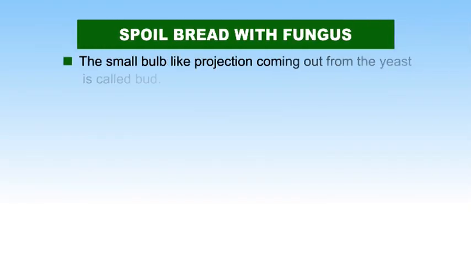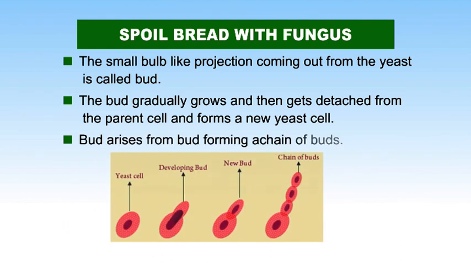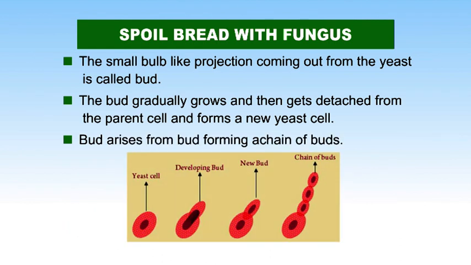Another type of asexual reproduction is budding. In this picture, you can see the small bulb-like projections coming out from the yeast cell, which is a bud. The bud gradually grows and then gets detached from the parent cell and forms a new yeast cell.